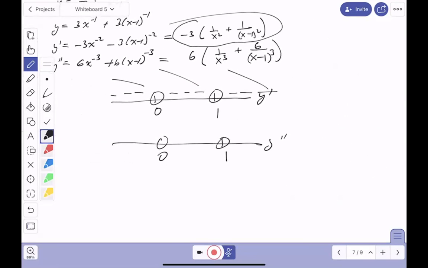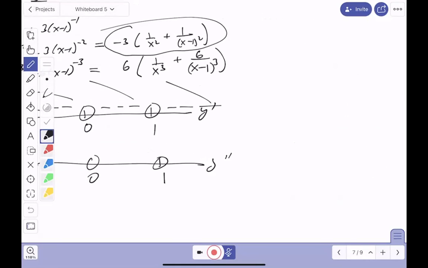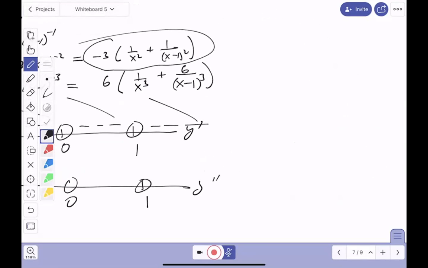So let's do the next thing. This one's going to be a tough one. I got to figure out, is that thing ever equal to 0? So 1 over x cubed plus 6 over (x minus 1) cubed. Does that ever equal 0? I don't know, I got to figure it out.